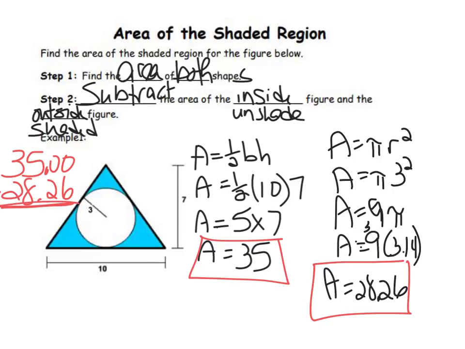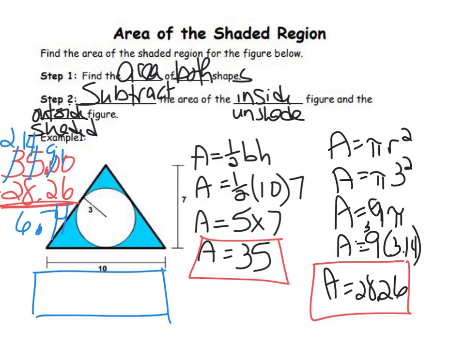Then all we have to do is subtract. 10 minus 6 is 4. 9 minus 2 is 7. At your decimal, 4 minus 8 can't do it, so borrow. 14 minus 8 is 6. So that means the shaded region is 6.74 square units. And that's how we find the shaded region.